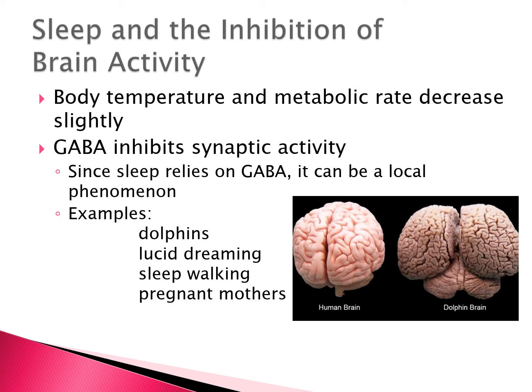But then the other hemisphere has to sleep. So they trade off, and it's a local phenomenon in an entire hemisphere for the dolphins. They have really cool brains, by the way.